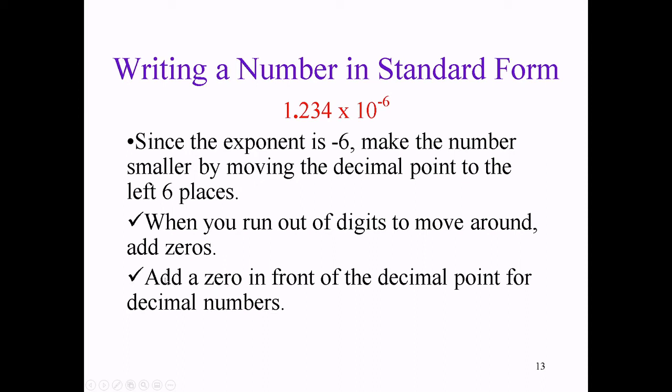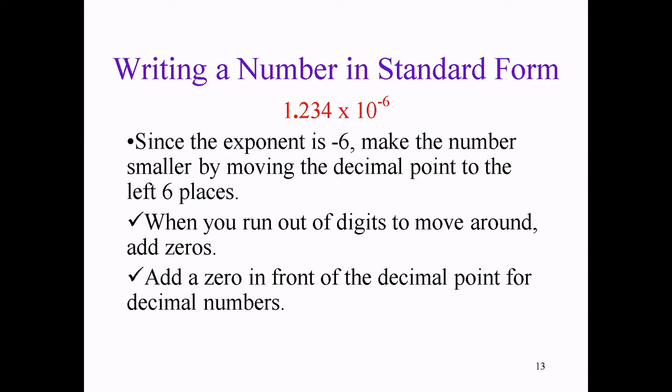And we're going to add a 0 in front of the decimal point for decimal numbers. This is really just not a hard and fast rule. I've actually seen other places where they say not to do that. But as a matter of taste, I usually add a leading 0 in front of my decimal places too.